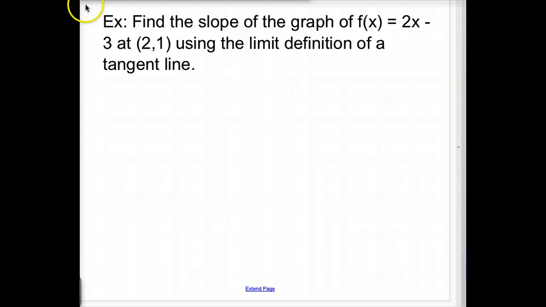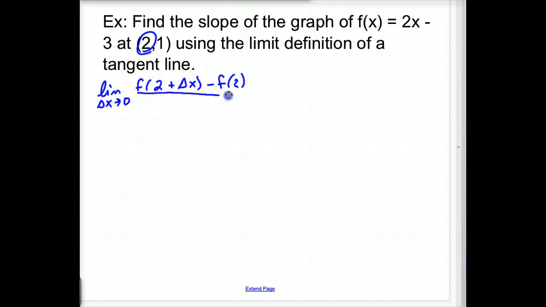Let's do an example. Find the slope of the graph f of x equals 2x minus 3 at the point 2, 1, using the limit definition of a tangent line. So our limit definition is the limit as delta x approaches 0 of f of 2, because that's the point we want to find the slope at, f of 2 plus delta x minus f of 2 all over the difference between the x values, which would be delta x.